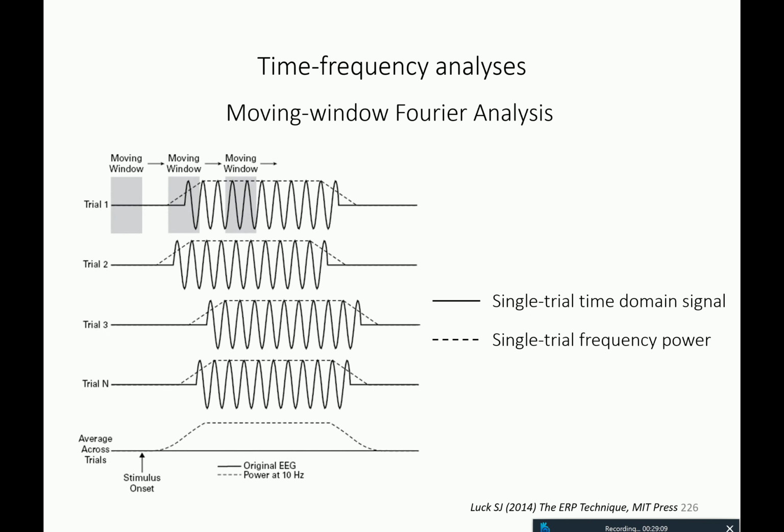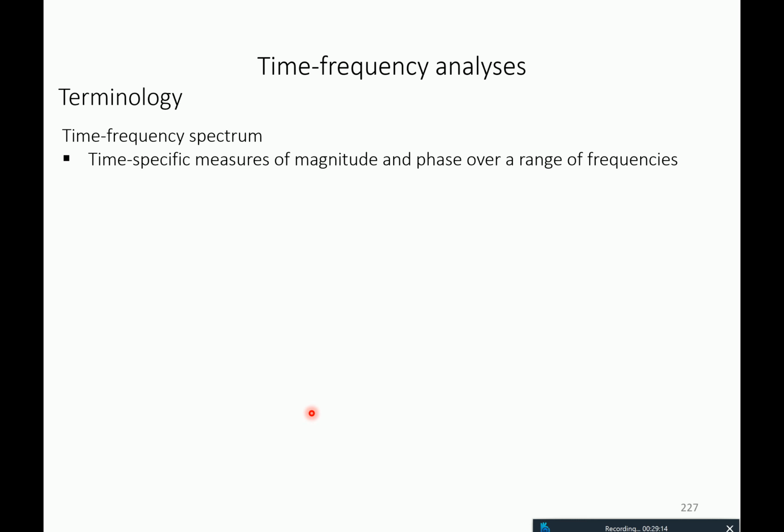Now, with time frequency analysis, there's quite some terminology associated. So terms that always come up are the time frequency spectrum. So these are the time-specific measures of magnitude and phase over a range of frequencies, or better the frequencies of sine and cosine functions. There is what is referred to as power.